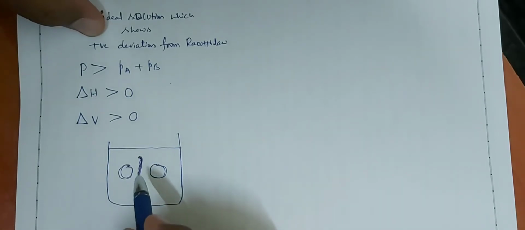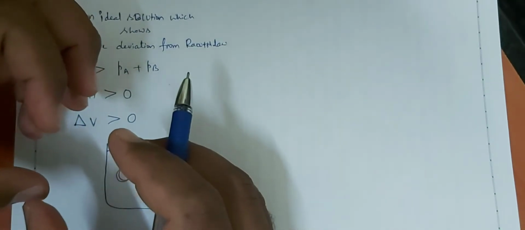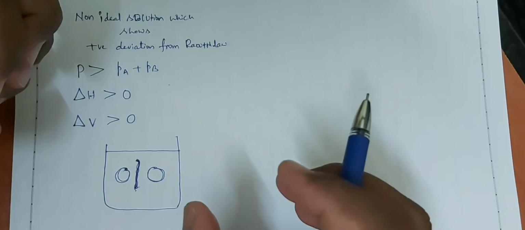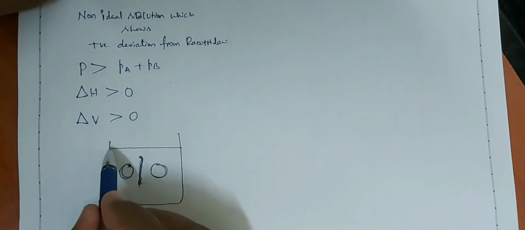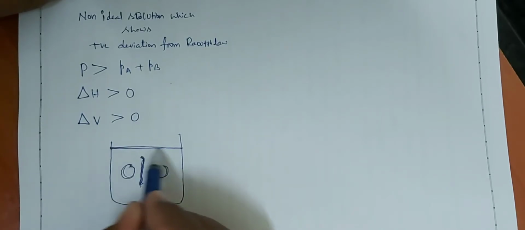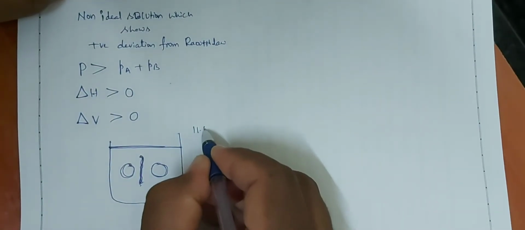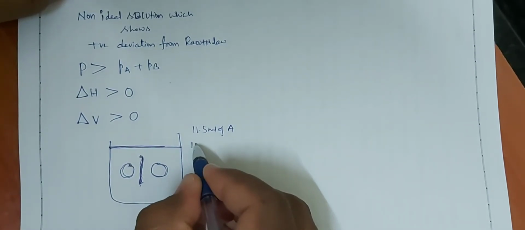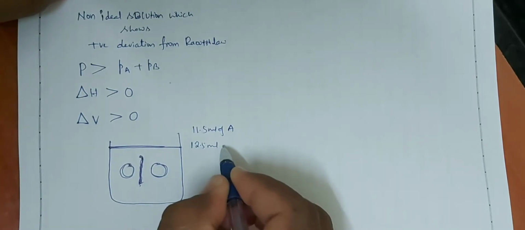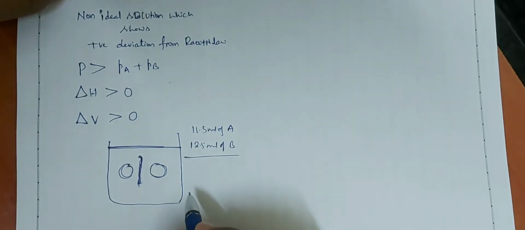When it is broken down, the particles are going to be a little bit far away from each other. When they are a little bit far away from each other, the total volume is going to increase. Suppose you take 11.5 ml of solute and 12.5 ml of solvent.